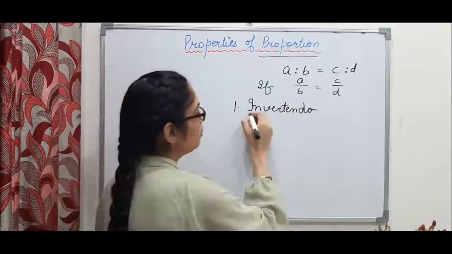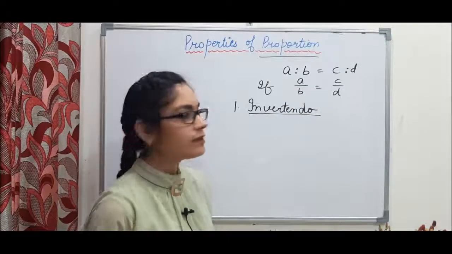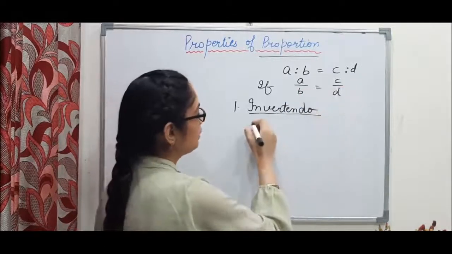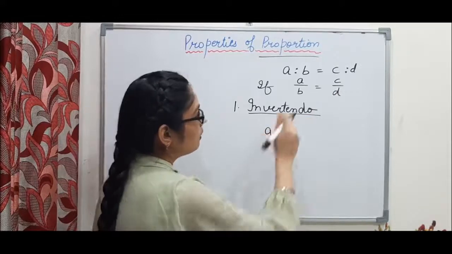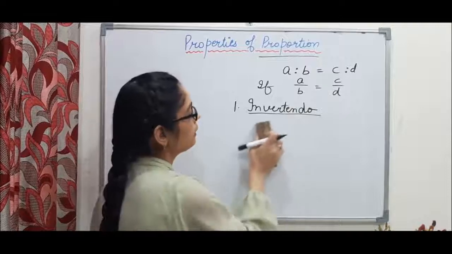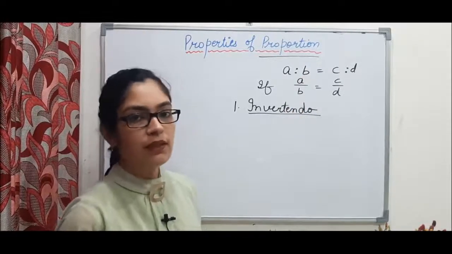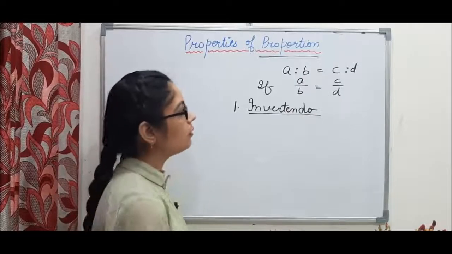So invertendo means if A by B is equal to C by D, then the ratio of their reciprocals will also be equal. Reciprocal means interchanging of numerator and denominator.